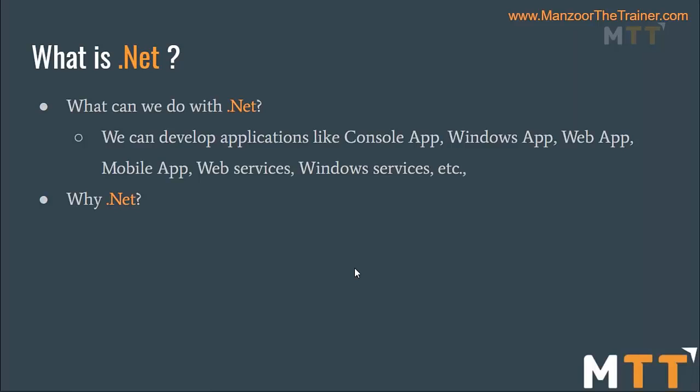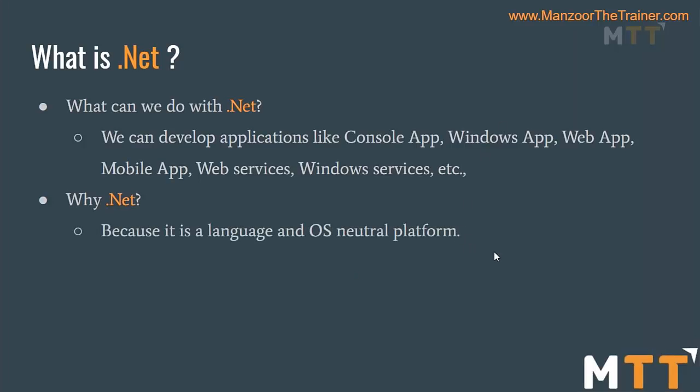But now you can develop .NET applications not only on Windows but also on Linux, Unix and Mac operating systems. So it is language neutral as well as operating system neutral. This is the specialty of .NET Core, and this is the difference between your older framework and newer framework, .NET Framework and .NET Core.